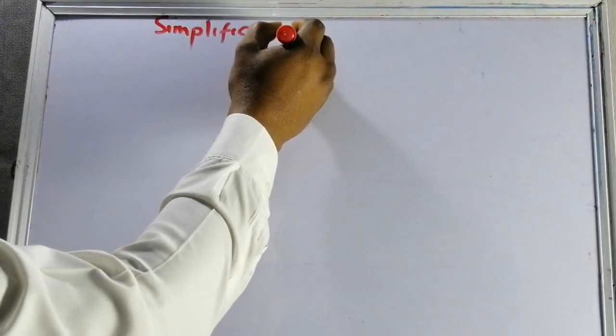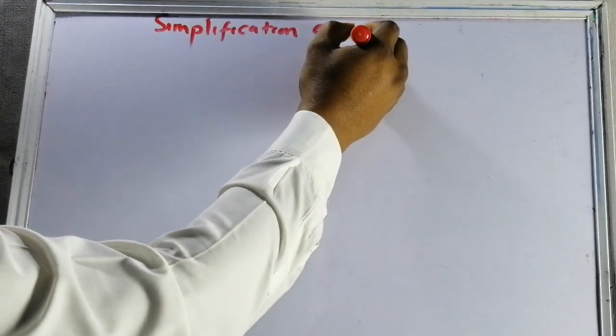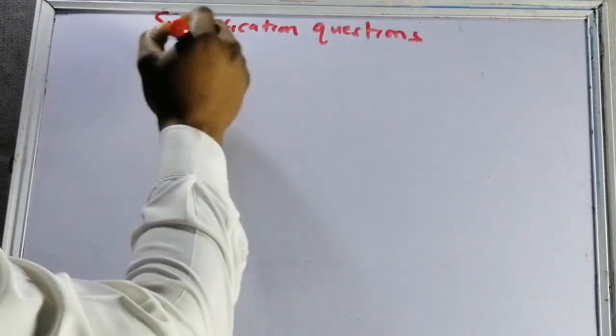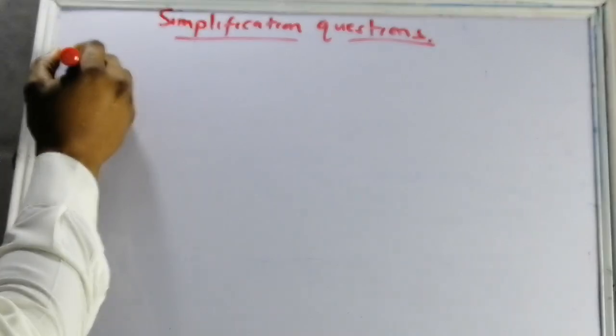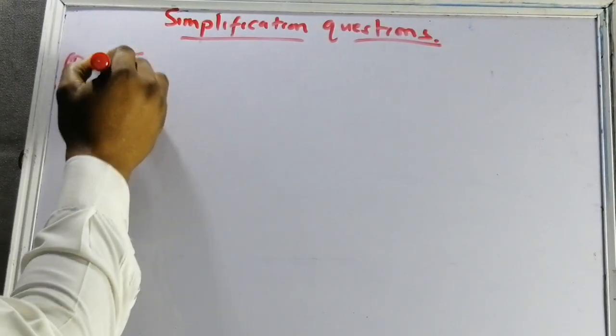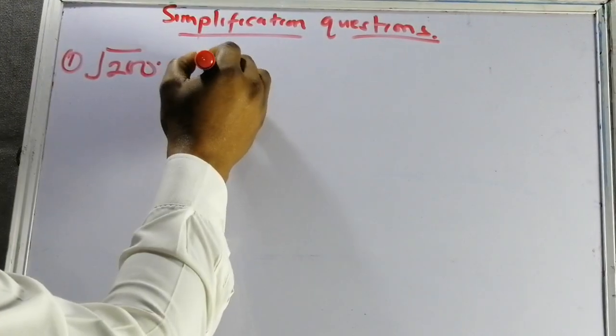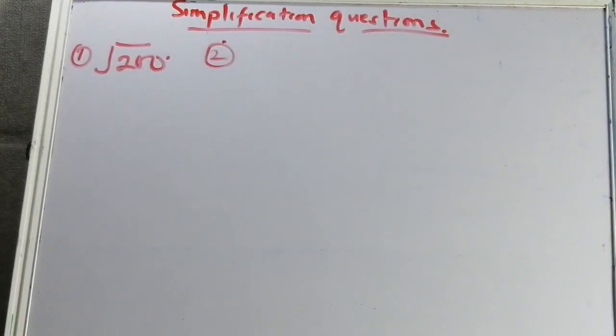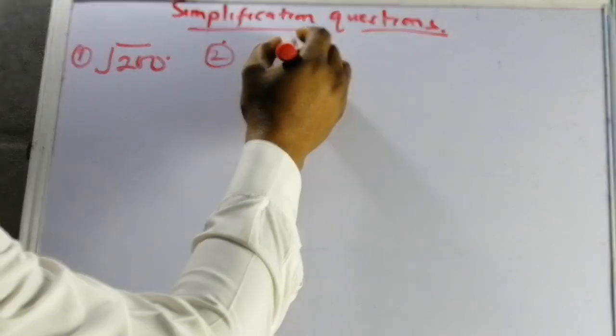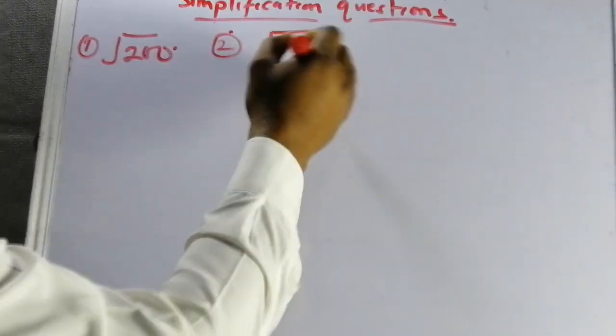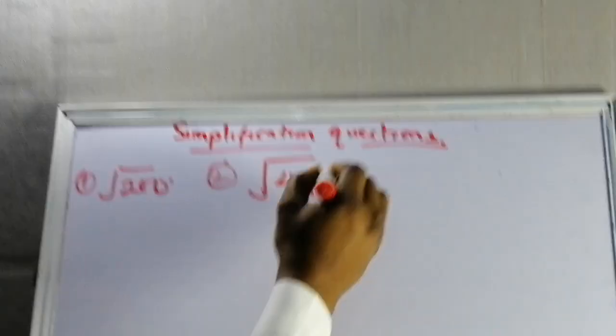simplification questions. Let's say number 1, we have square root of 200. Number 2, square root of, let's just say, 44.